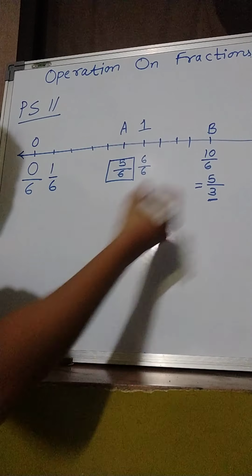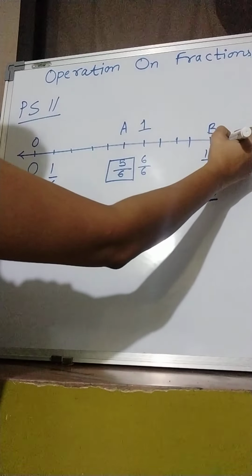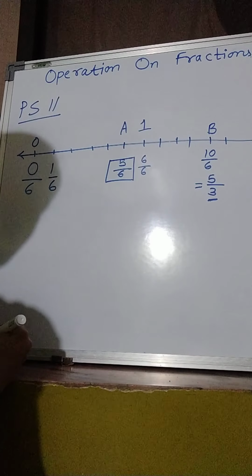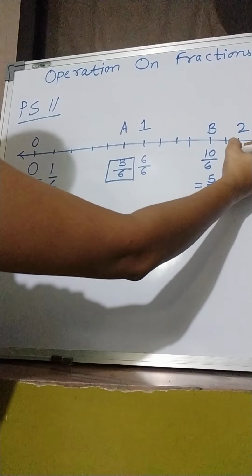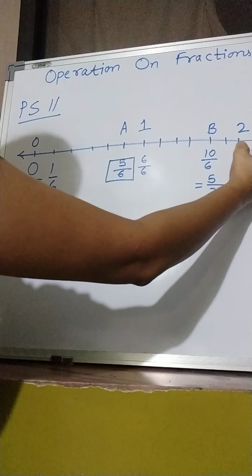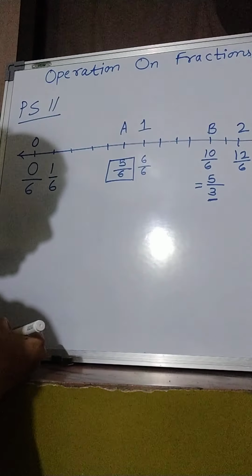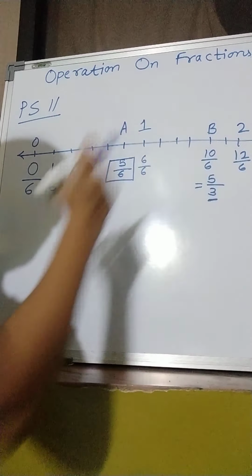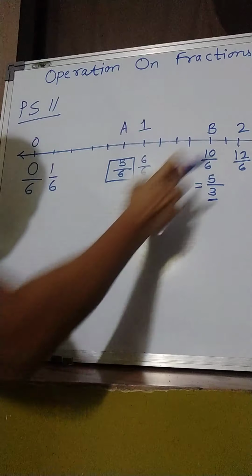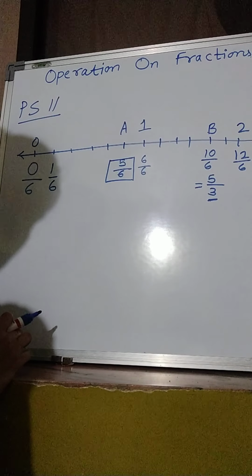Okay. After that, small line of 11 upon 6. Then here 2 is written. Why is 2 written? Because here 12 upon 6 will come. 12 upon 6 means 6 2s are 12. That's why here 2 is there.